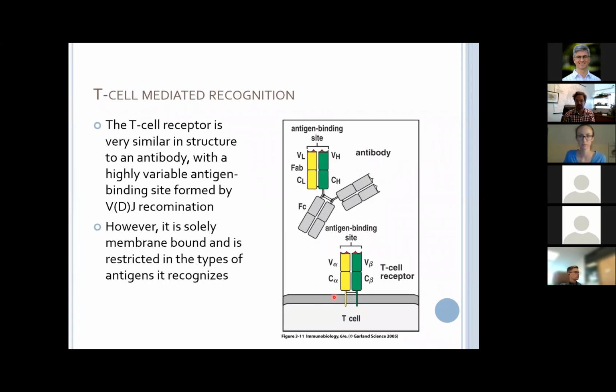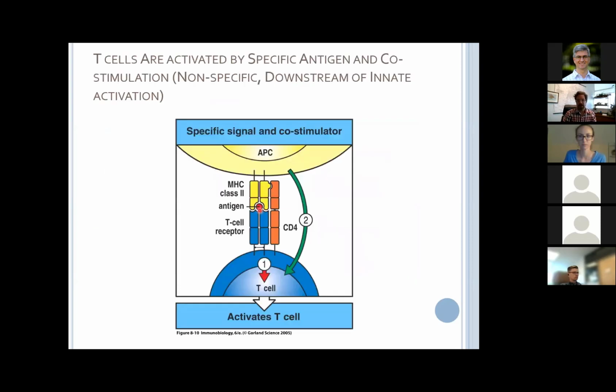It's not an effector molecule. And so it's going to bind its antigen on a target cell, and it's going to bind its antigen not as a fully formed antigen, not as part of the virus. It's going to bind just a small peptide from the protein of the virus or the bacteria or the parasite.